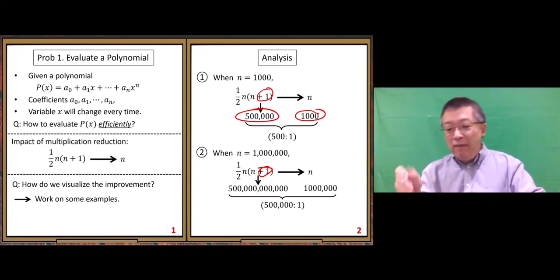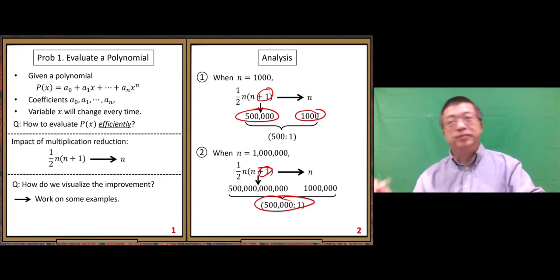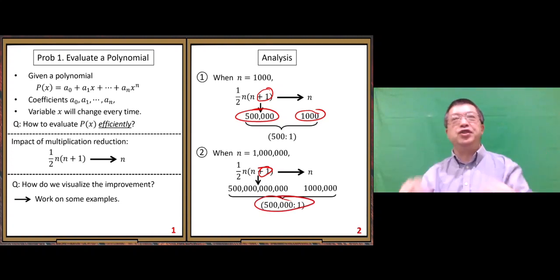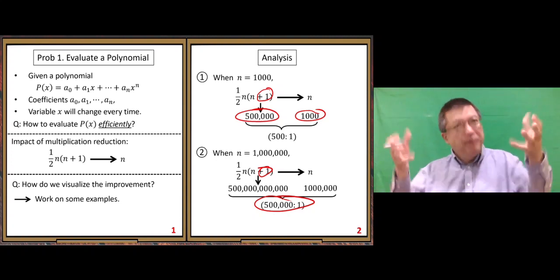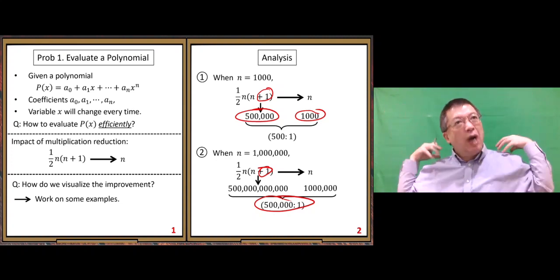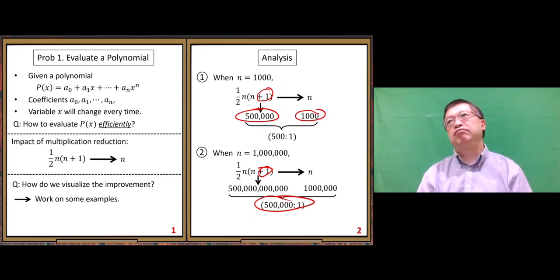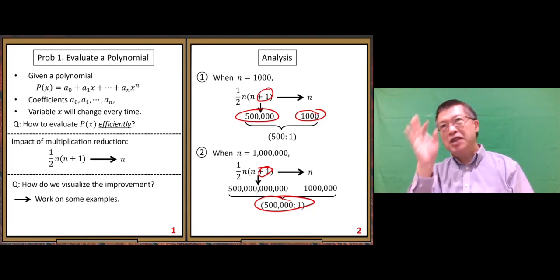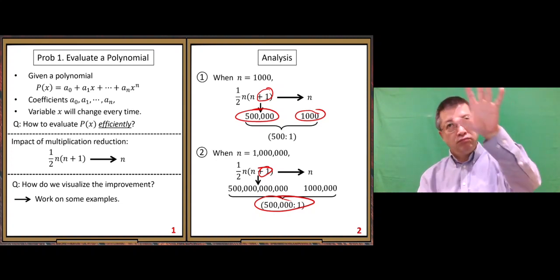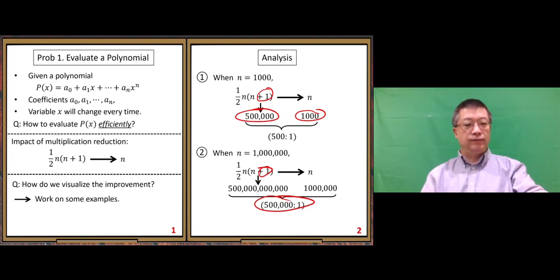How do we feel about the big difference? Here, I ask you another time, because we want to visualize it. We want to really use our familiar experience to feel it. Something is missing here. So the last thing I want to do in this video is to feel it.